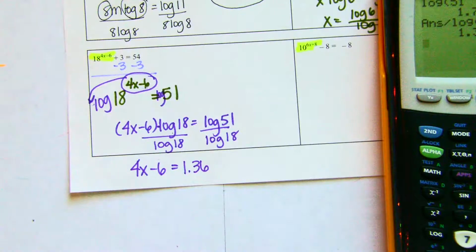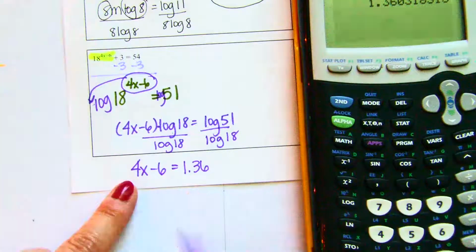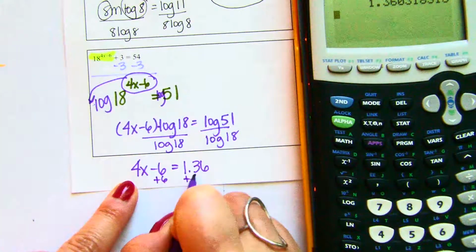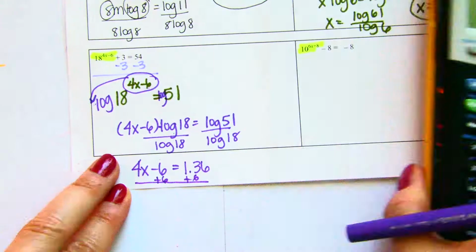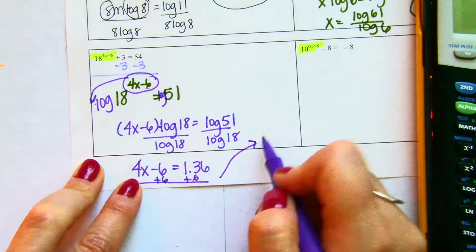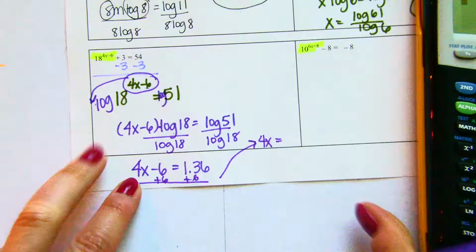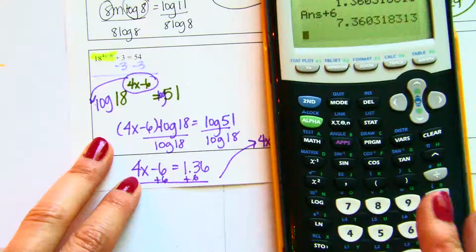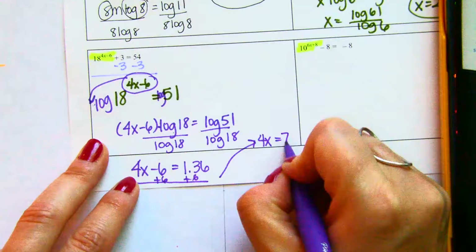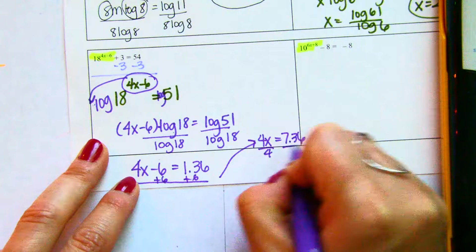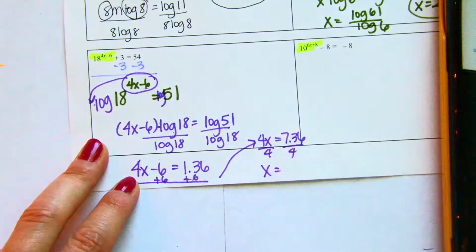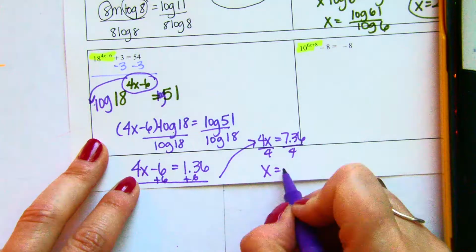It's like a decimal party, and I hate decimals, so I don't know what to tell you. Okay, so now I'm going to add 6. So I get 4x equals 7.36, and then divide by 4, and I get 1.84.